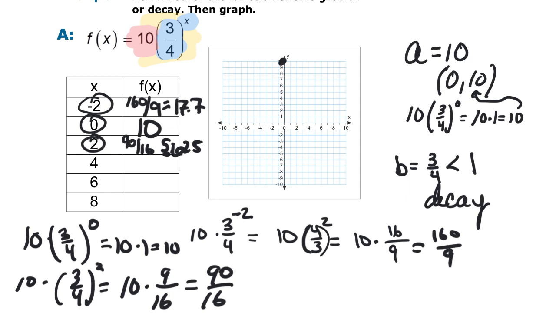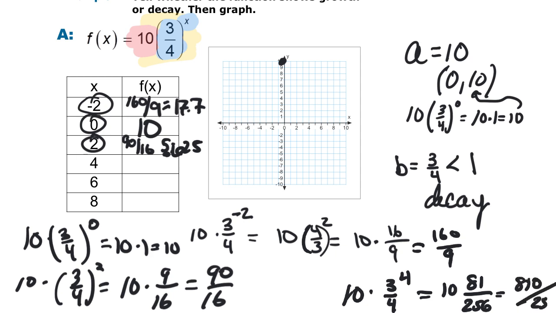We put in a 4. 10 times 3/4 to the 4. Now these numbers are getting pretty big. 10 times 81 over 256. If we multiply by 10, 810 over 256.